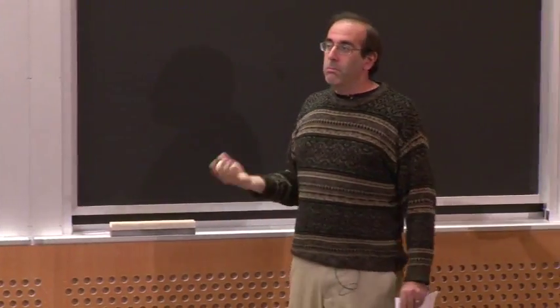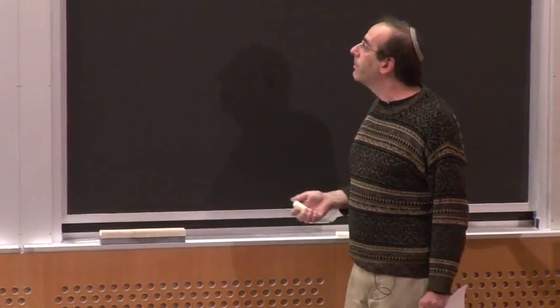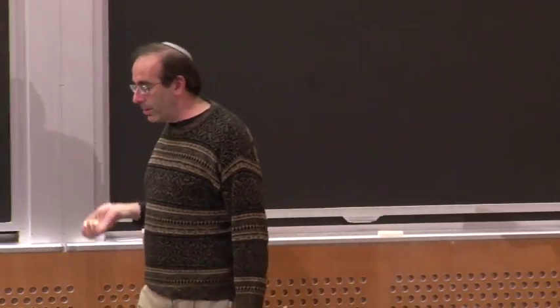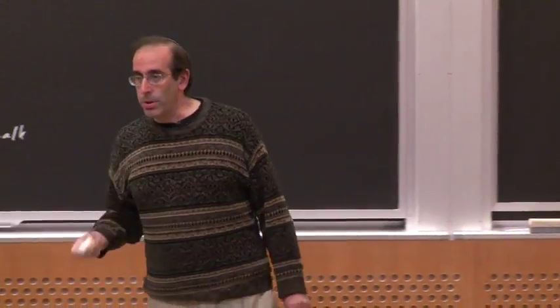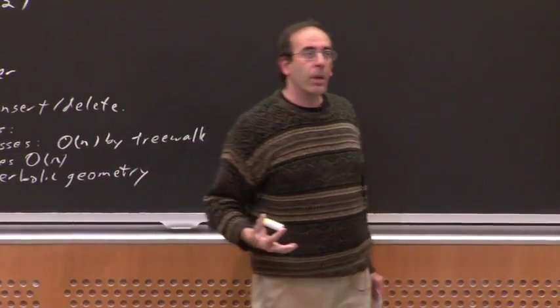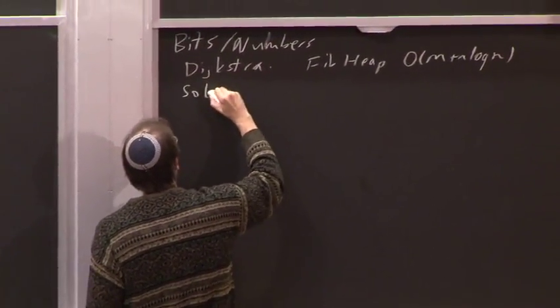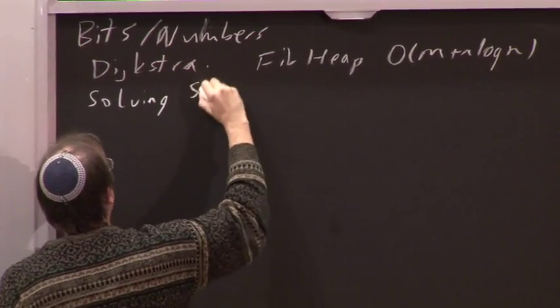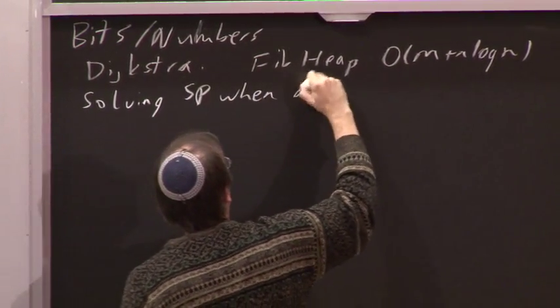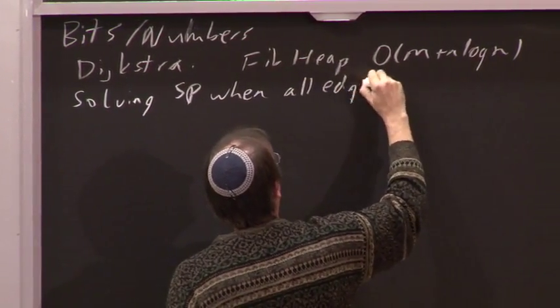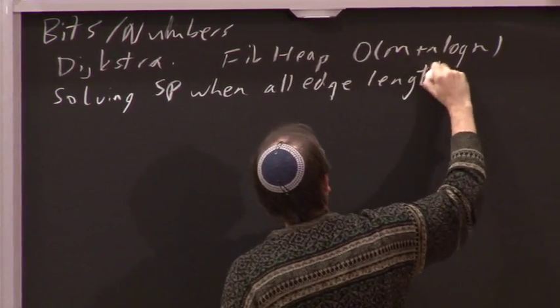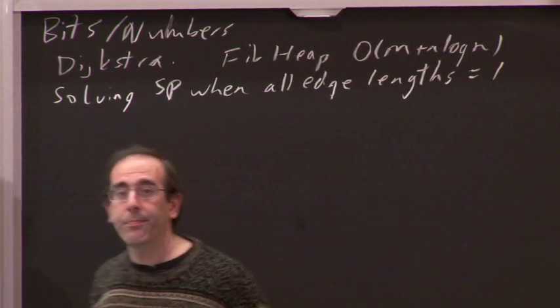But this is not always necessary. So sometimes your edges might be numbers drawn from a restricted set. So for example, how do we solve shortest paths when all the edge lengths are equal to 1?